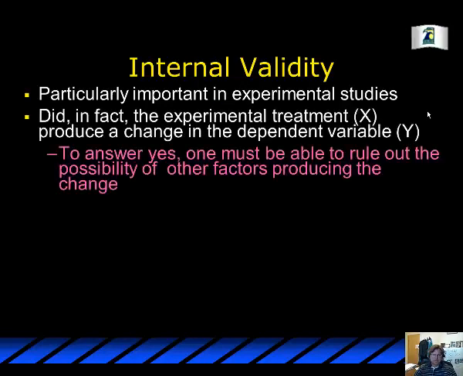We're asking the question, did in fact the experimental treatment, which we often call X, produce a change in the dependent variable, which we often call Y? And to be able to say yes, we must be able to rule out the possibility of other factors producing the change, other factors other than the independent variable that we are manipulating.